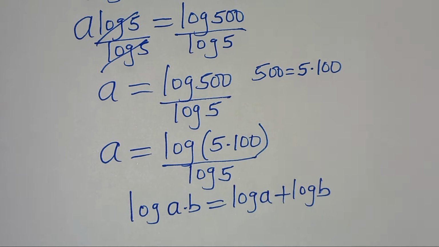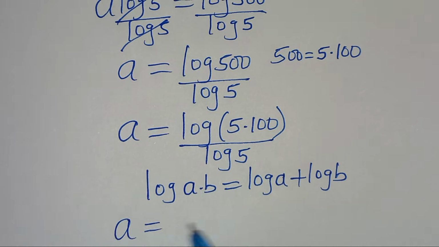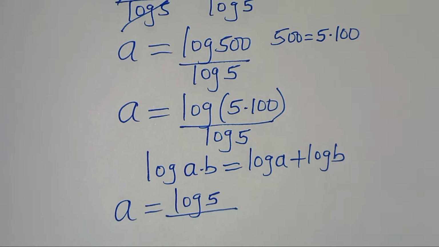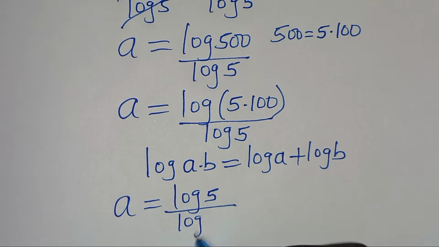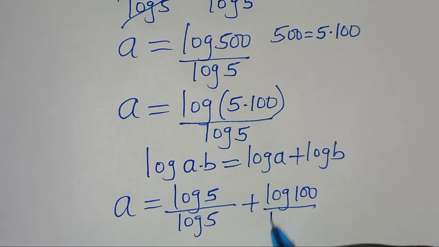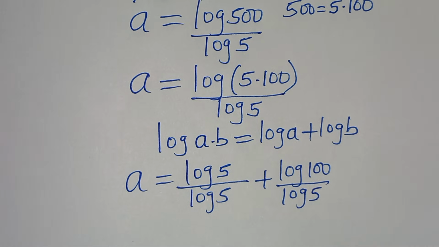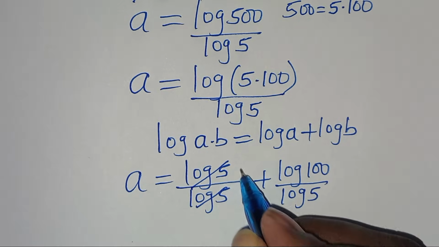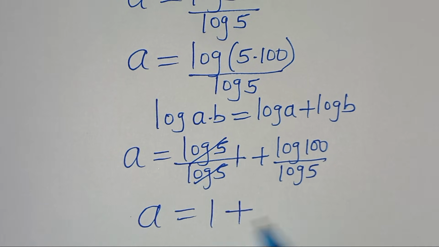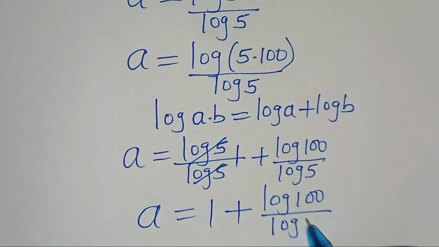Applying this logarithm property, a is equal to log 5 divided by log 5, plus log 100 divided by log 5. So we can simplify log 5 and log 5 here. This is 1, so that we have a is equal to 1 plus log 100 divided by log 5.